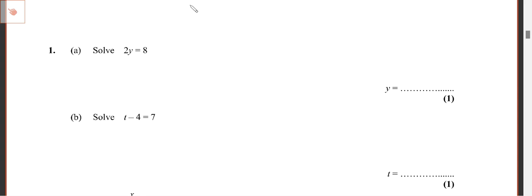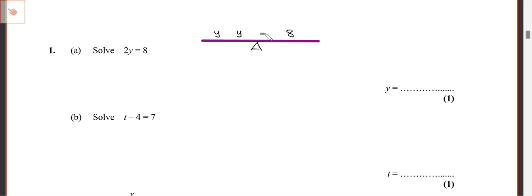All right? So what I want to get back to is what we were doing initially, which was a set of balancing scales, where we've got 2 y's on one side, and on the other side we've got 8. And they balance each other out because of the equal sign.